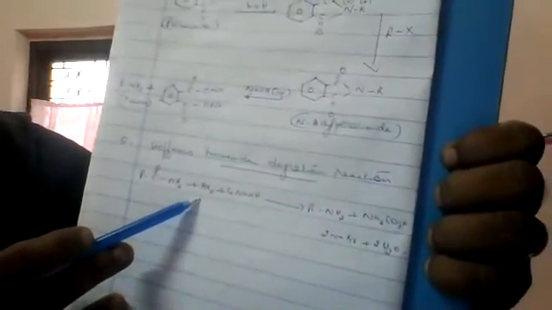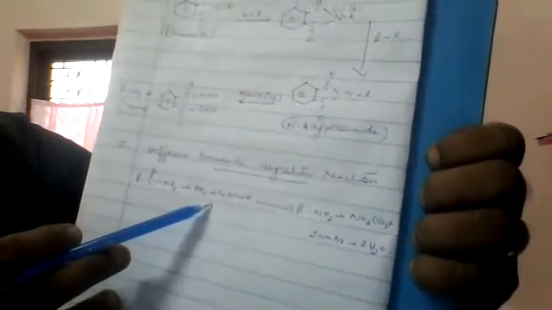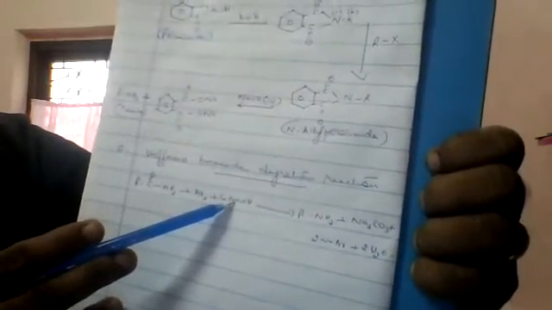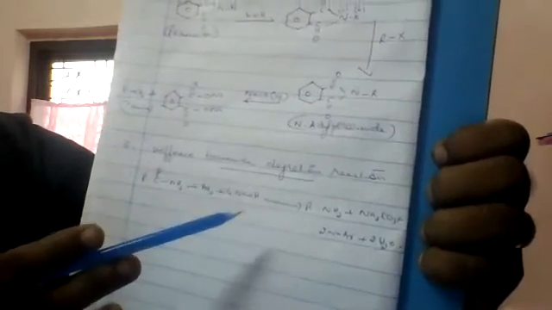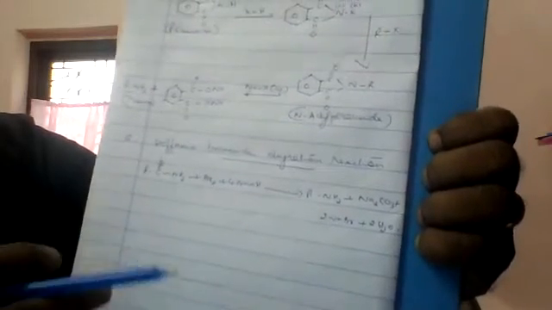When an amide is treated with bromine in an aqueous or ethanolic solution of sodium hydroxide, migration of an alkyl group or an aryl group takes place from the carbonyl carbon of the amide to the nitrogen atom.